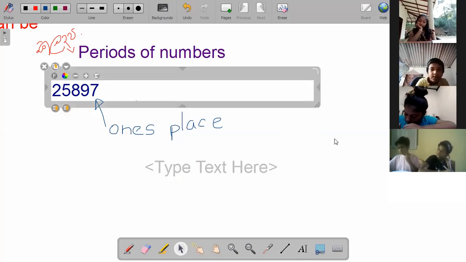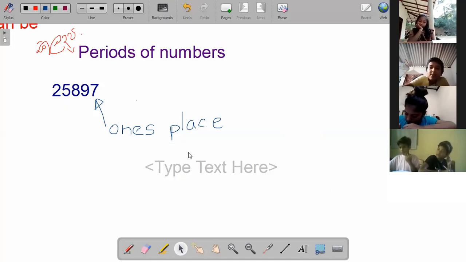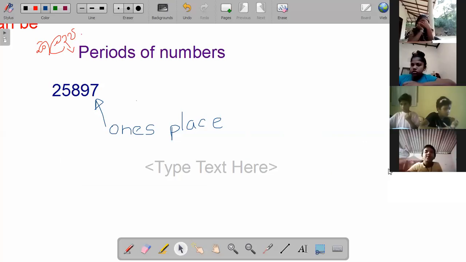Right? Are you clear? From where you have to start? From the ones place. සංඛ්‍යාවේ අග ඉලක්කමේ ඉඳලා how many digits you have to separate? 3 digits. ඉලක්කම් 3න් 3 වෙන් කරගෙන ඉදිරියට යන්න. Right? Okay.